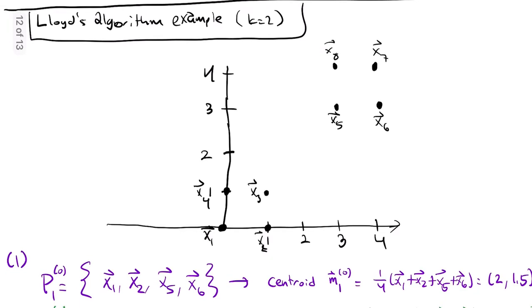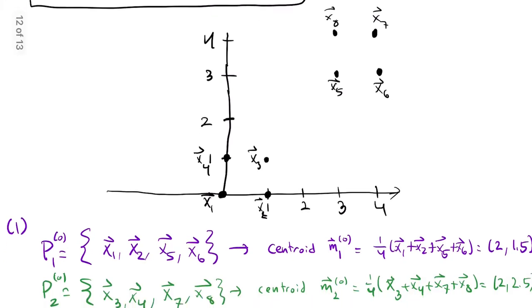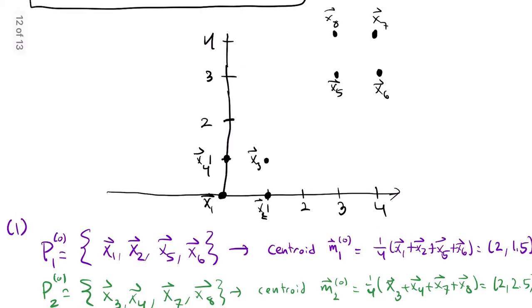So let's say that this is our data, x1 through x8. And let's say I have an initial partitioning given below. The superscript 0 here refers to the iteration number. Just to label this, I'm putting x1, x2, x5, and x6.